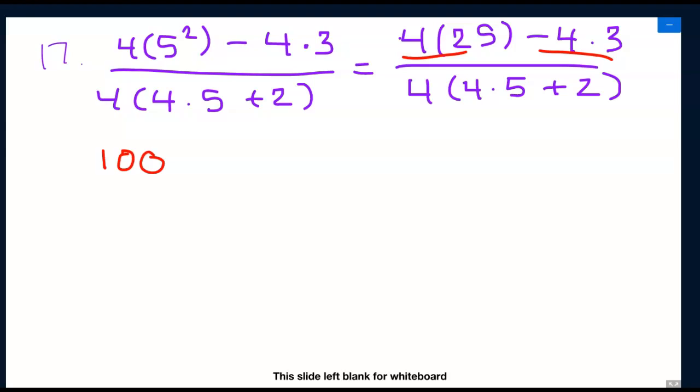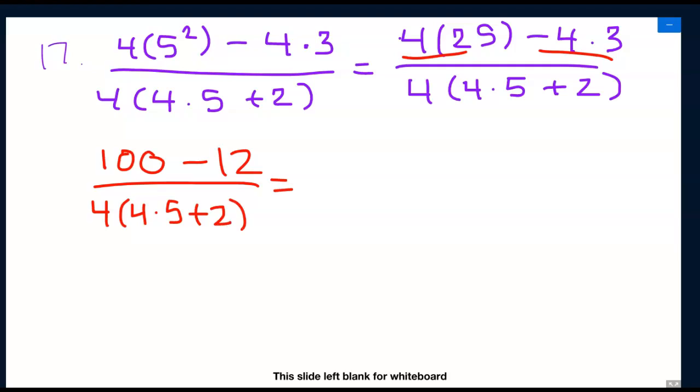And then you can do 4 times 3, which is 12. All over your bottom. So 100 minus 12 is 88.